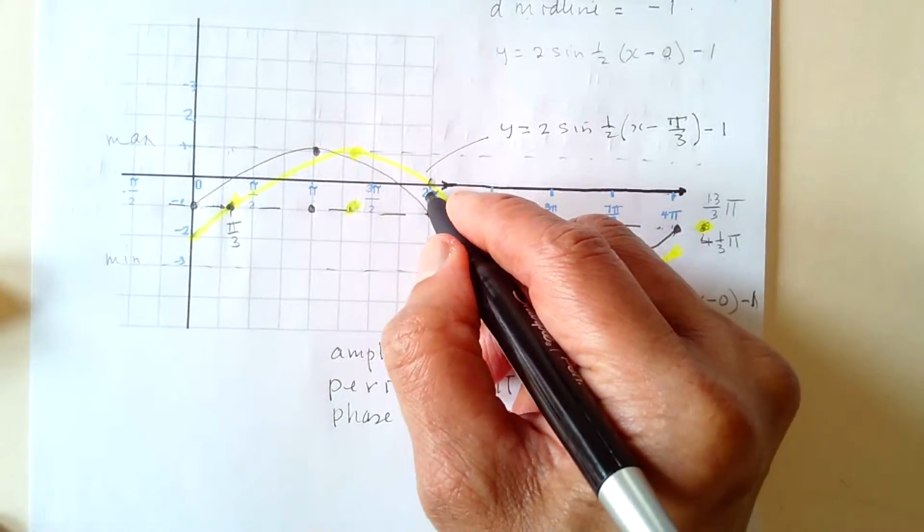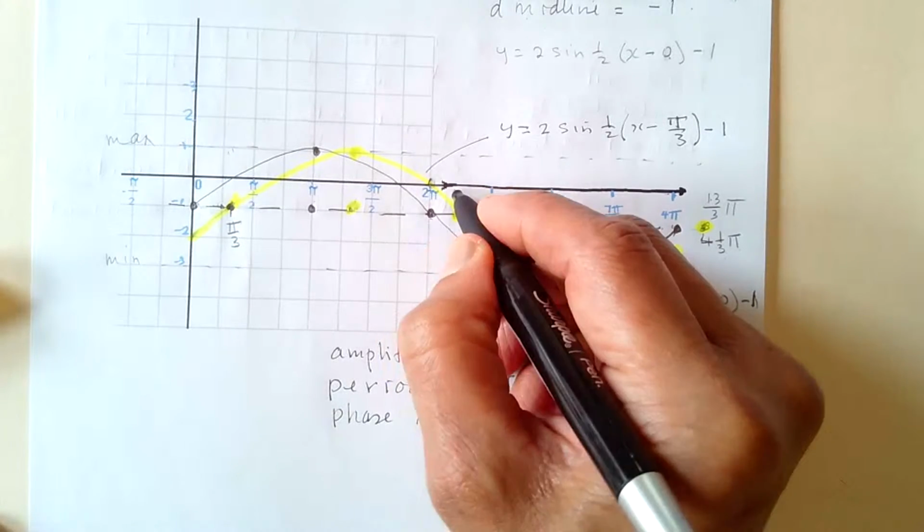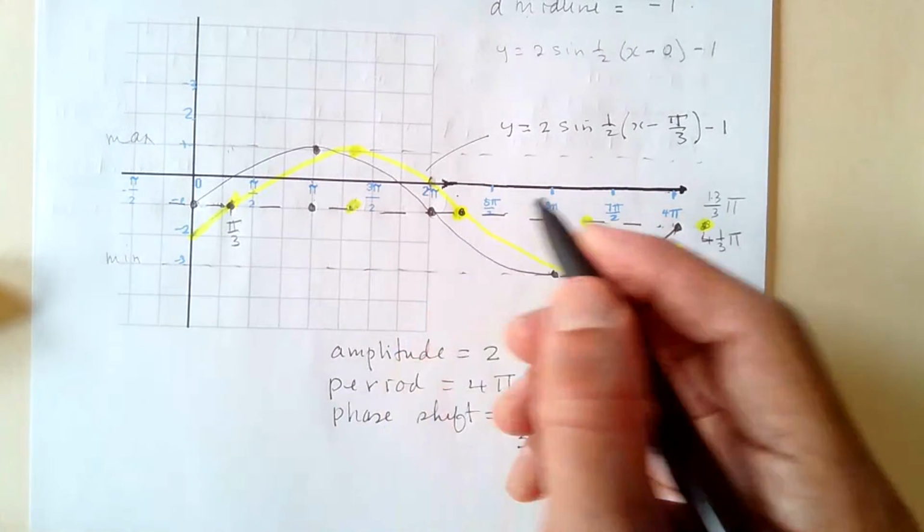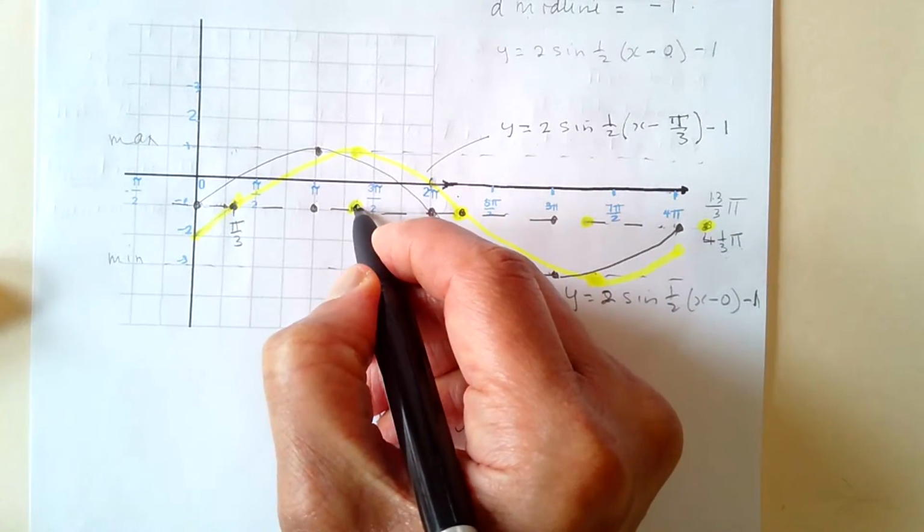Now this is 2 pi plus pi over 3, which is 7 over 3 pi. Oh, this is one here.